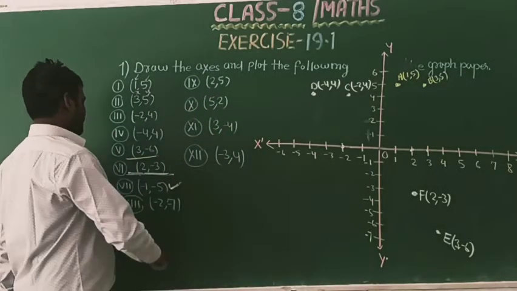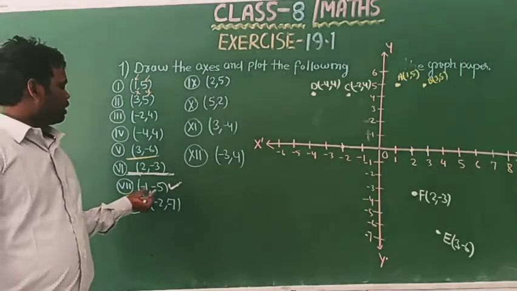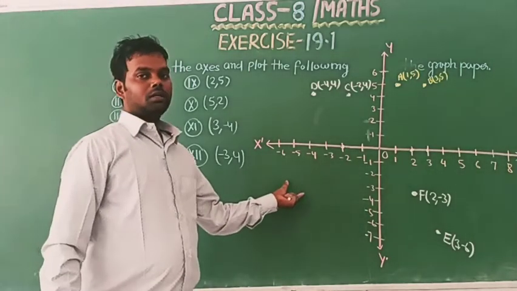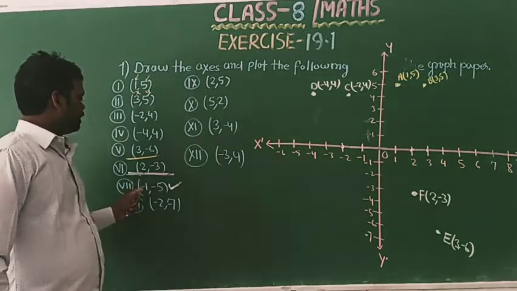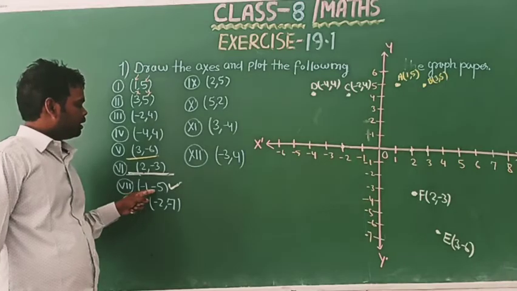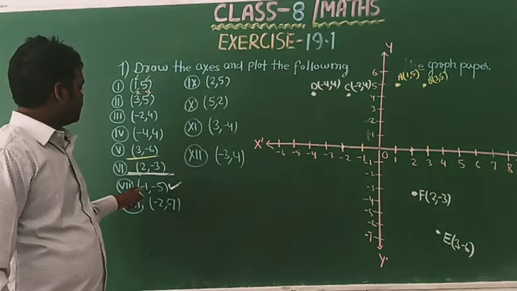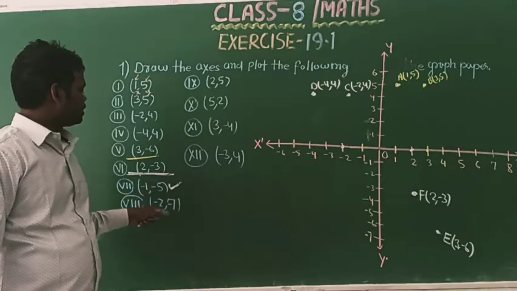Further, move to the point 7. This is (-1, -5). It lies in the third quadrant, where the x coordinate is -1 and the y coordinate is -5.